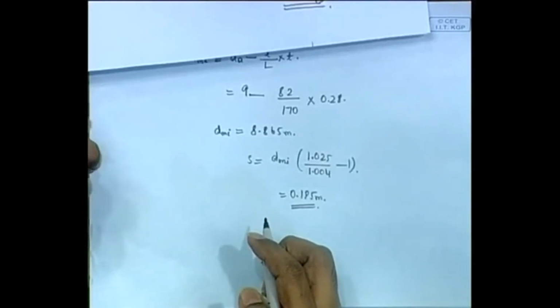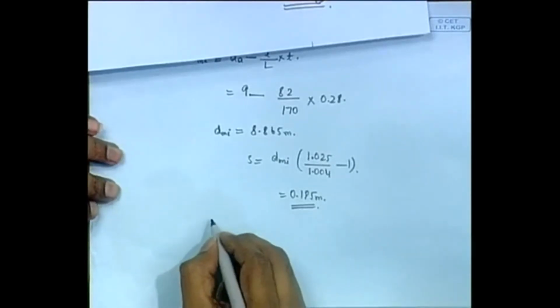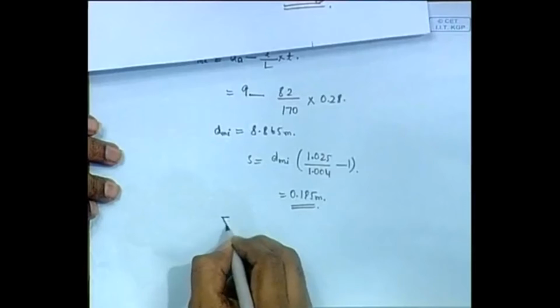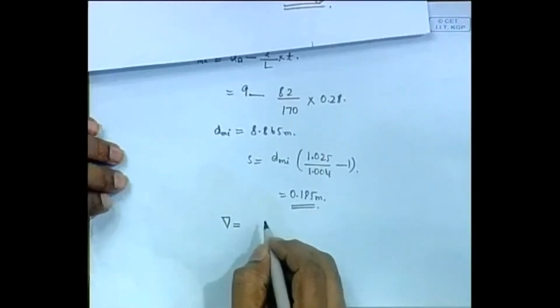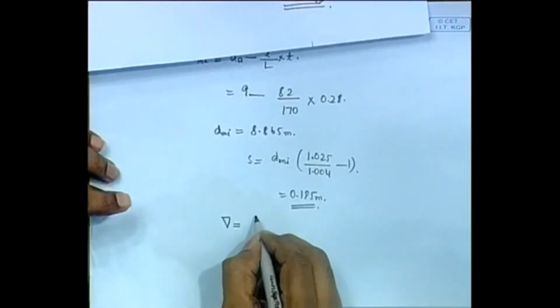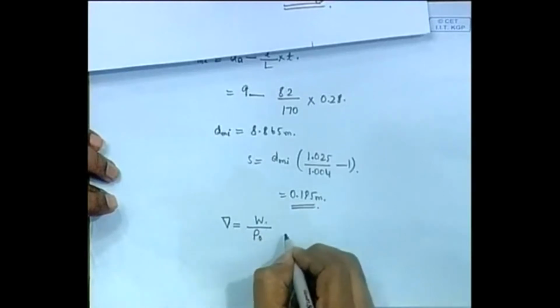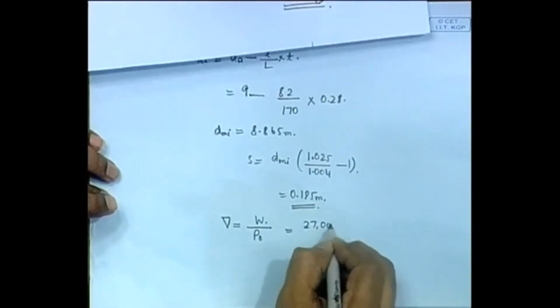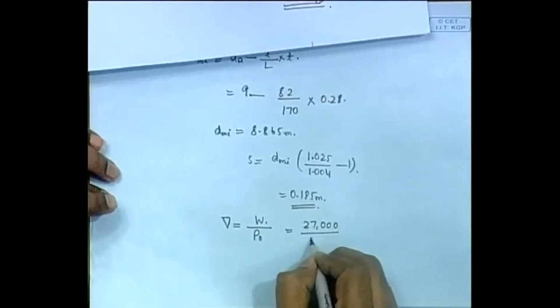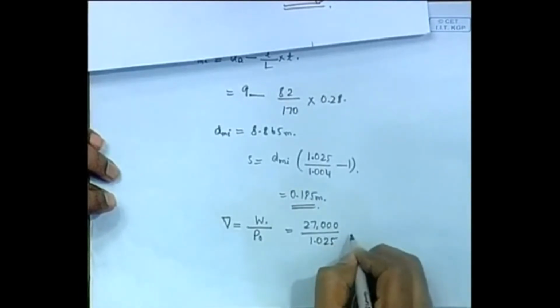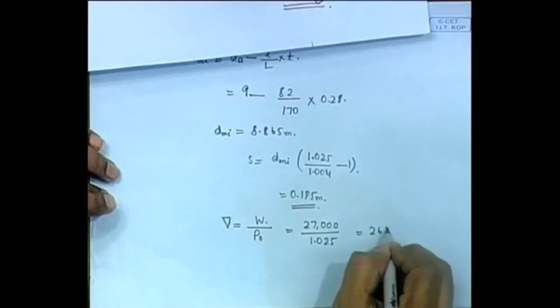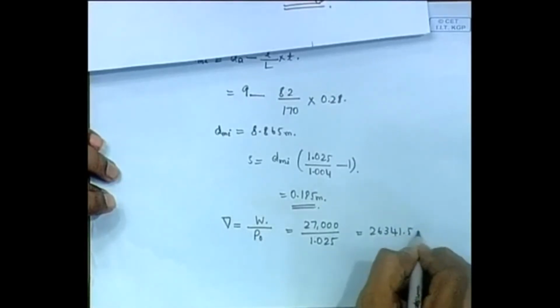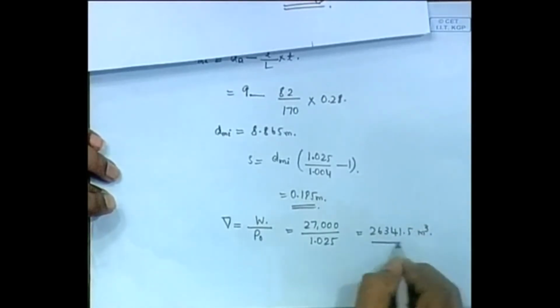Another thing is delta, the initial volume of the ship, which is equal to W by rho 0, which you can directly calculate. W is given as 27,000 tons divided by rho 0, which is 1.025 tons per meter cube. So this is the initial volume of the ship.